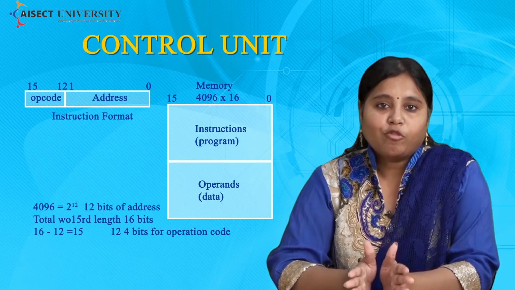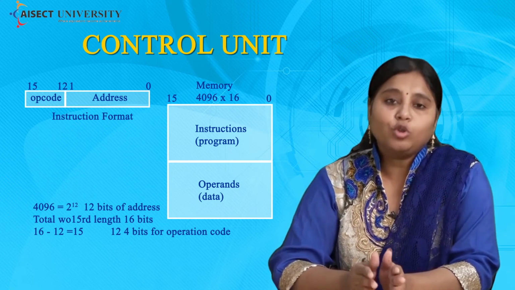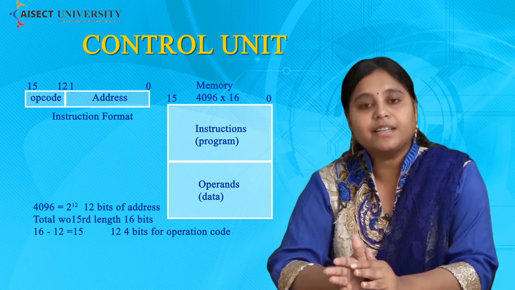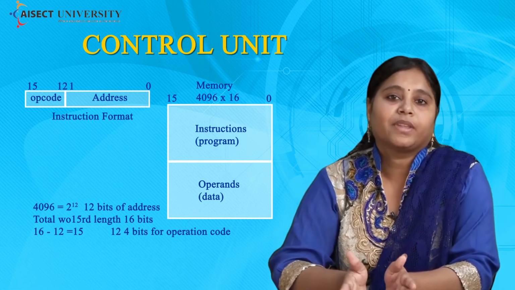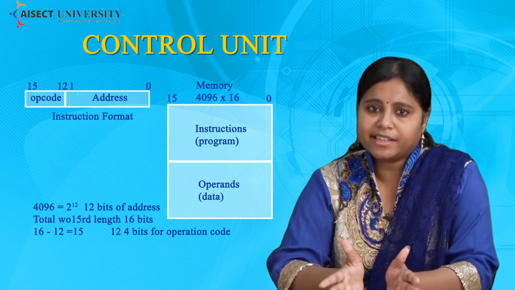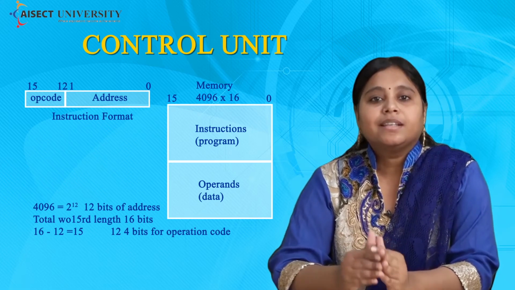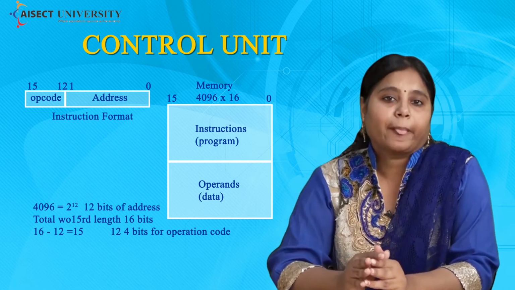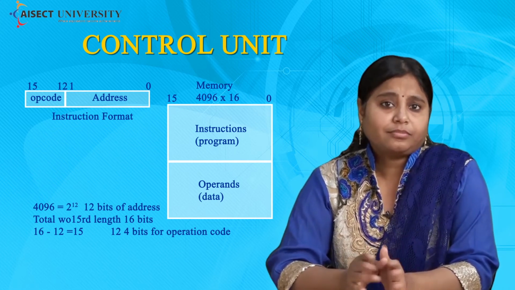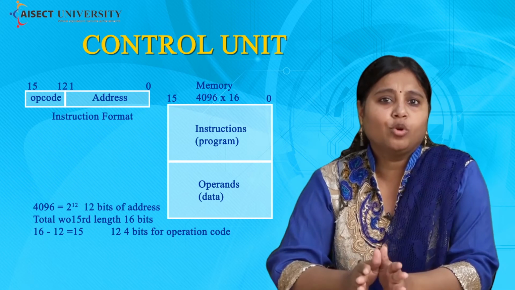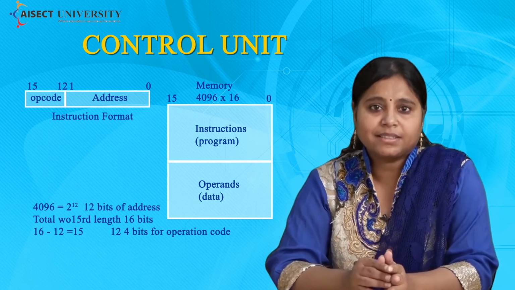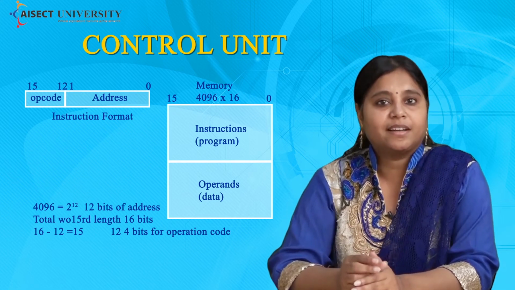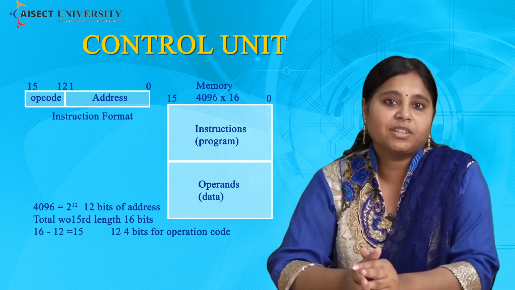Here 4 bits for the operation means 2 to the power of 4, that is 16 distinct operations we can perform. Suppose you have 6 bits, that means 64 distinct operations we can perform. So the instruction format is 16 bits long, with 12 bits for the address and 4 bits for the operation code.